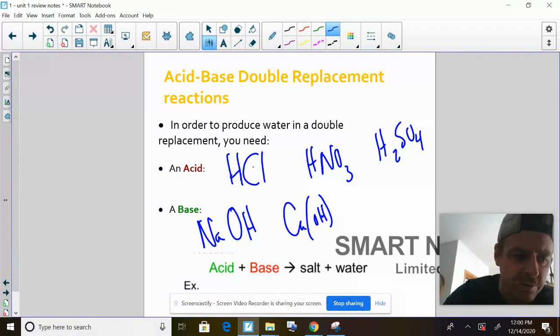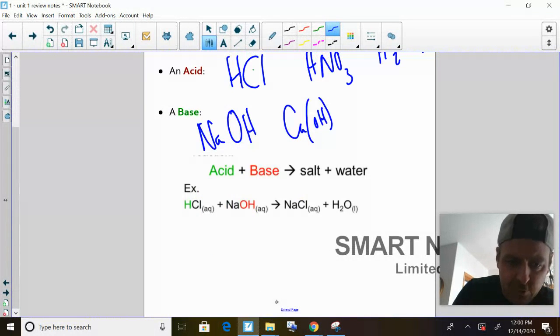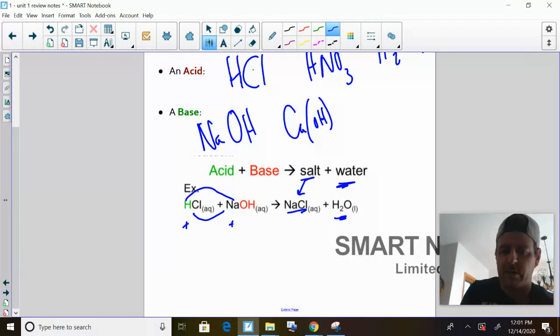The same thing is true for these ones. If you look at this equation here, the positives will switch, and you get sodium chloride, which is our salt, and then you get HOH, which is H2O, water. So anytime you see hydrogen in the front and OH in the back, it's generally an acid base reaction.